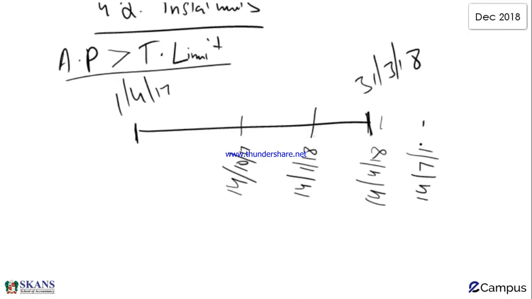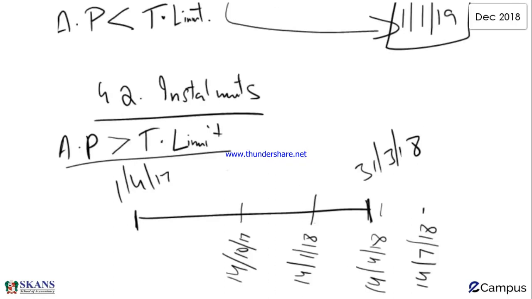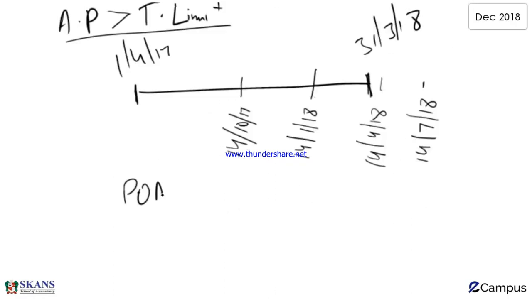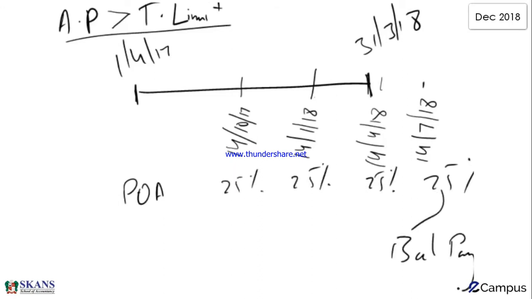Well, the first three payments are payment on account of 25%, 25%, 25%, and 25%, which is actually a balancing payment and is usually approximately 25%.